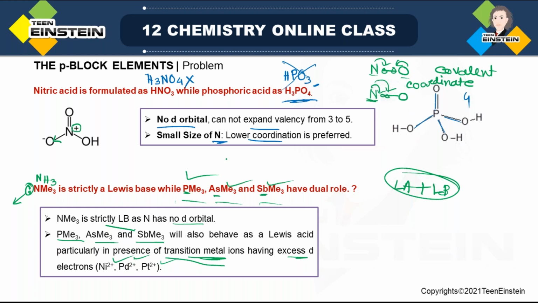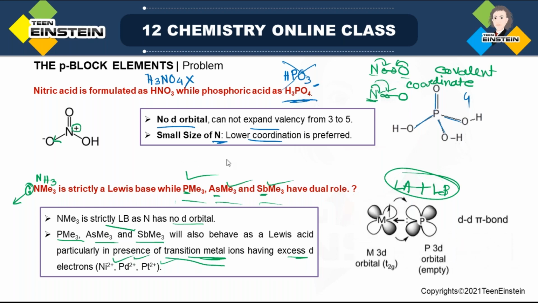So see, this is the metal, that is nickel, palladium, platinum in +2 oxidation state, which is having electrons in t2g orbitals, and these electrons can be donated to this phosphorus. This phosphorus has a d orbital, but see, this is a vacant d orbital, and there is sidewise overlap between two d orbitals, so that is why it is a dπ-dπ bond.